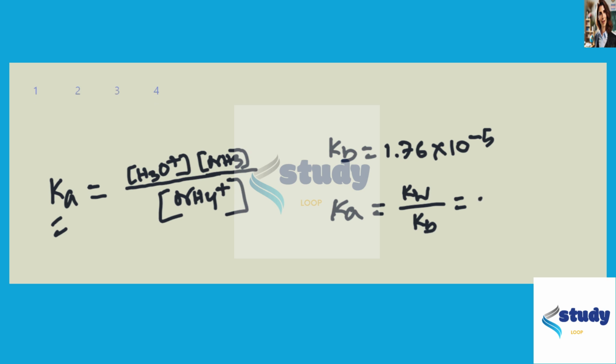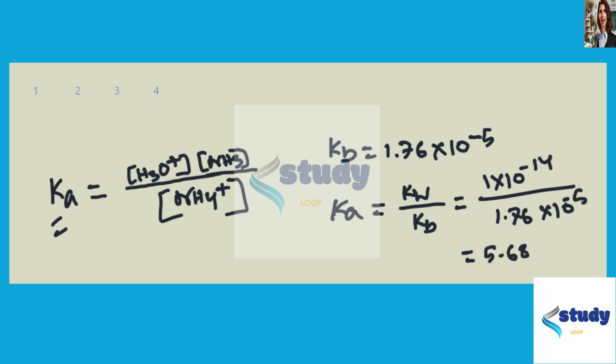We know the Kw value is 1 times 10 to the power minus 14, and we have the Kb value as 1.76 times 10 to the power minus 5. So the result here will give us the value of Ka as 5.68 times 10 to the power minus 10. So this is our Ka value.